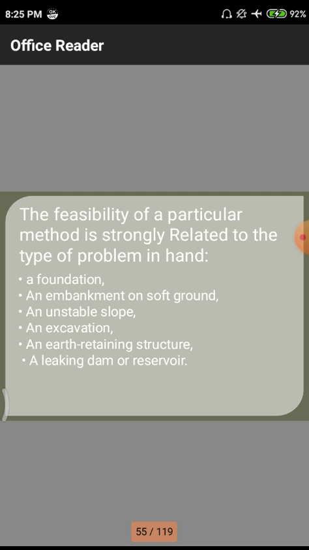Next, we have to maintain an unstable slope and an excavation, earth retaining structures, and a leaking dam or reservoir. All of those are related to the construction of a dam project. Previously we discussed the construction of a building, but here we have dam construction. In a dam, the foundation plays the major role, because a huge concrete structure has to stand against the force of water, which has a lateral force.